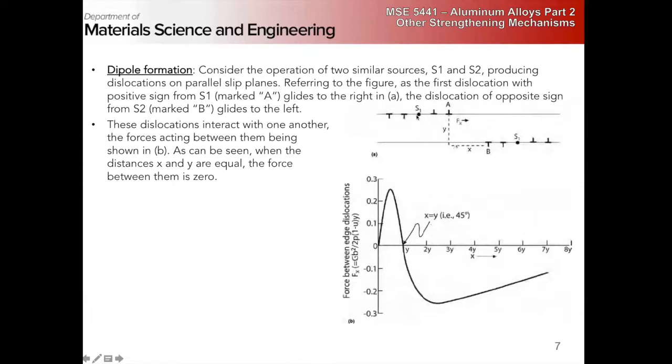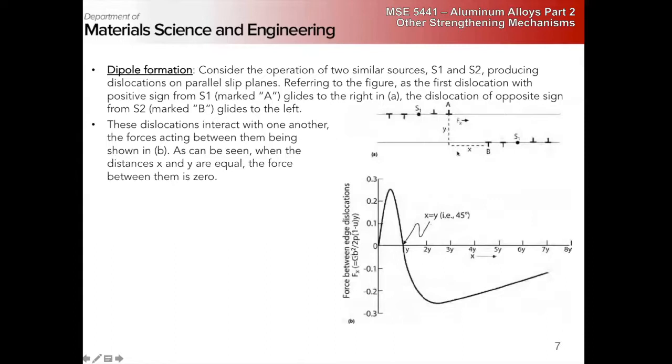You can imagine now we have two sources on two different slip planes, and they're pumping out dislocation loops. These loops are going to find a minima, and to pump out another loop, I'm going to have to drive these dislocations past each other. And they're going to find a stable configuration. If I drive it past the first one, it's going to go to the second.